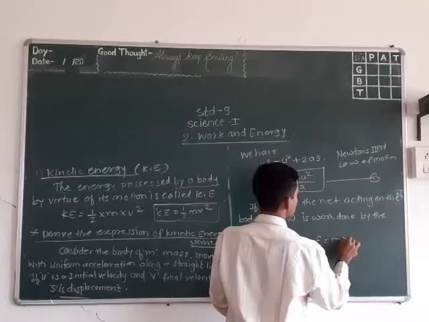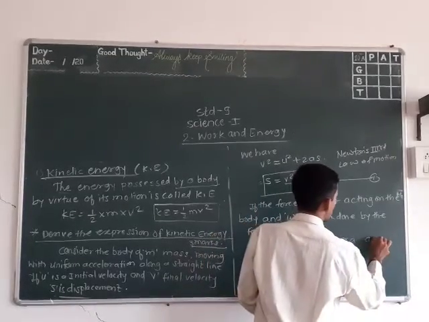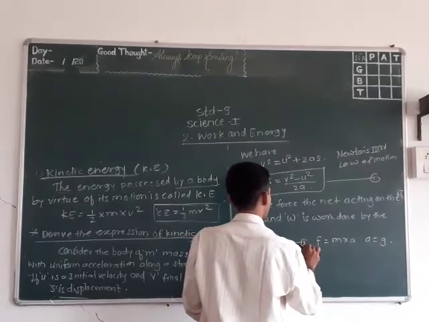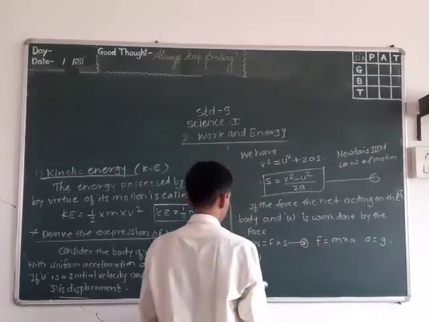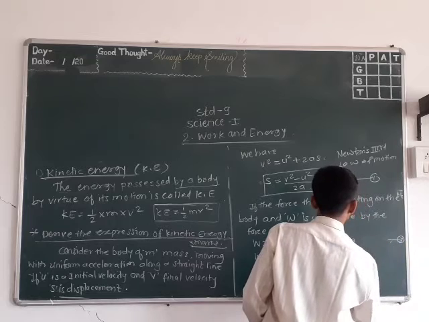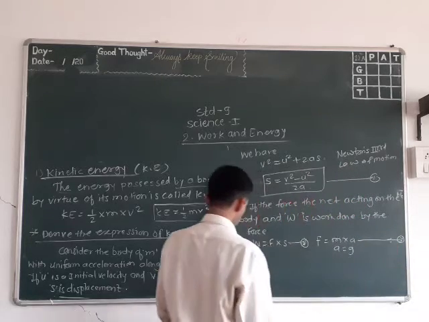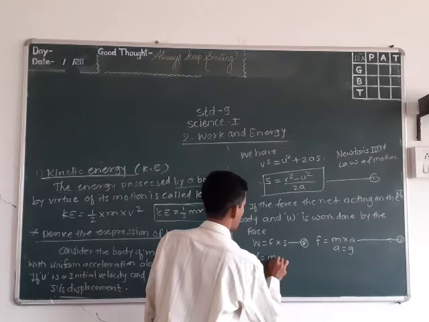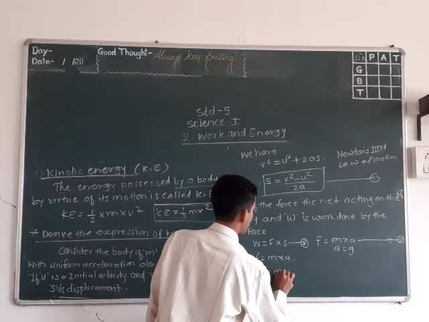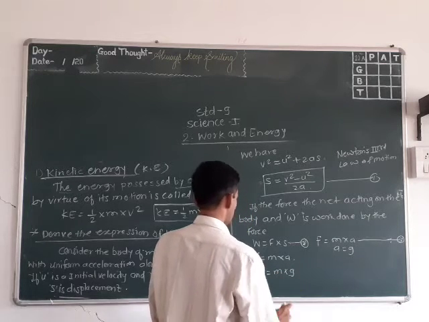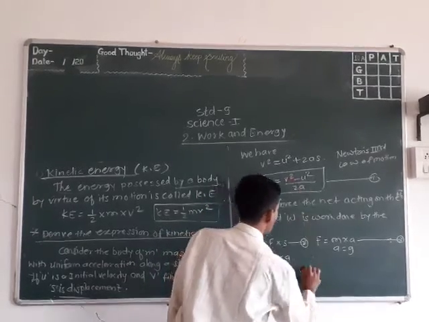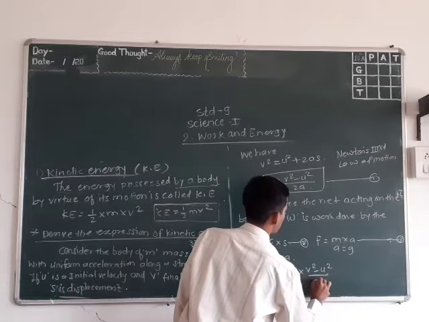This is the second equation. Force is equal to mass into acceleration, F is equal to ma, the equation third. So W is equal to mass into acceleration multiplied by s, where s is equal to v square minus u square upon 2a.